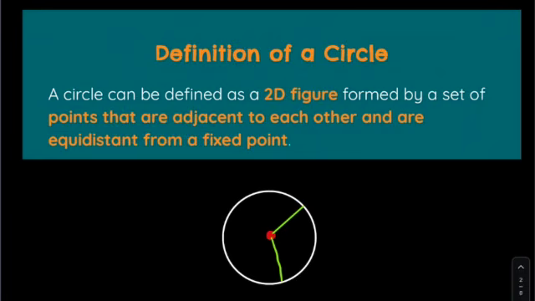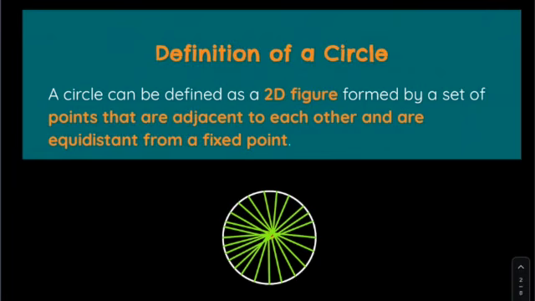This point is the same distance as that one and this one, and that happens all the way around the circle. And of course, there would be an infinite number of points that we could make in there, but the idea is that they all come from this center point and extend to be the same distance from that center point, and therefore would form a circle.